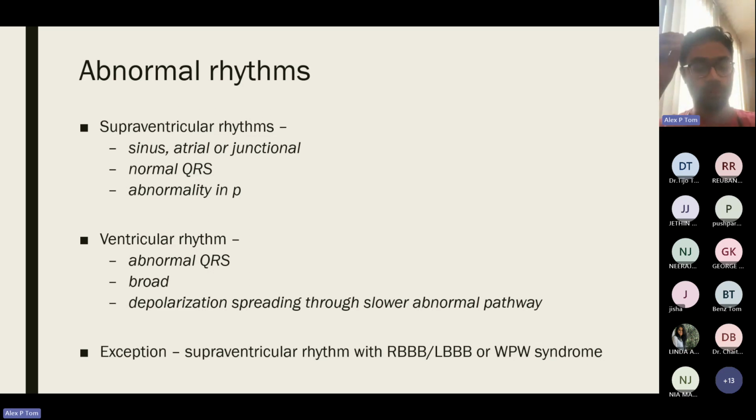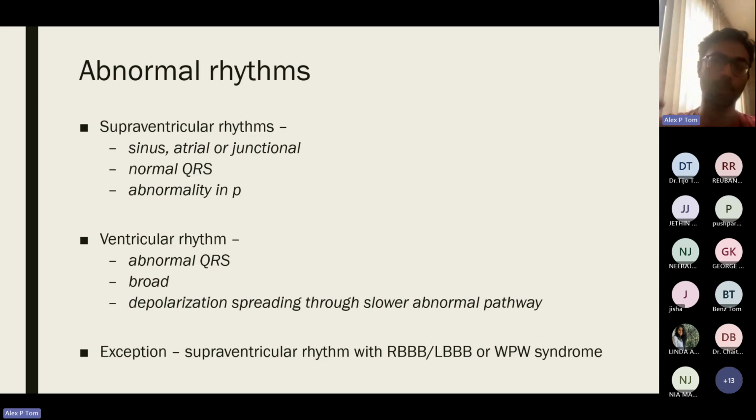If the electrical activity is originating somewhere above the junctional zone, above the AV node, but getting conducted through the AV node and into the ventricles through the normal proper channel, that is the bundle of His, and then the right and left bundle branches, following the normal conduction tissue to spread the electrical activity, then you will always see a narrow QRS complex.